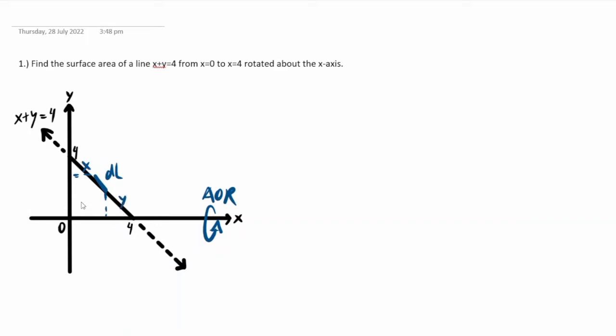Now we will graph the shell for the surface area. There we go. This is our shell here. Just like before, the width of the shell is our dx.